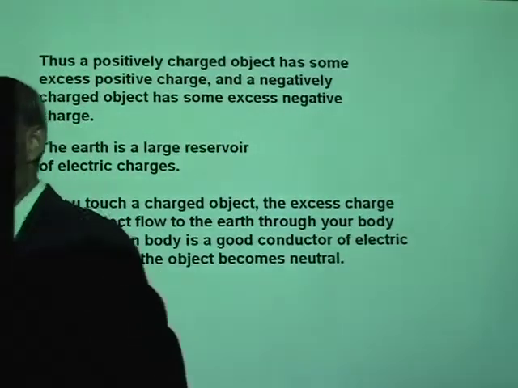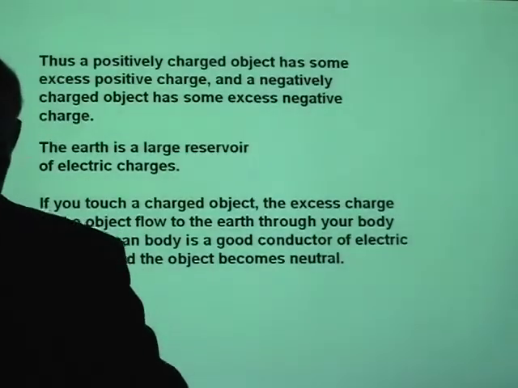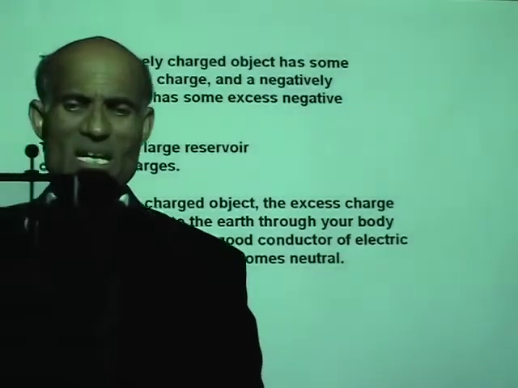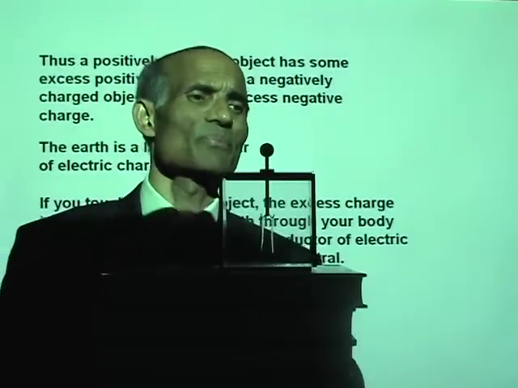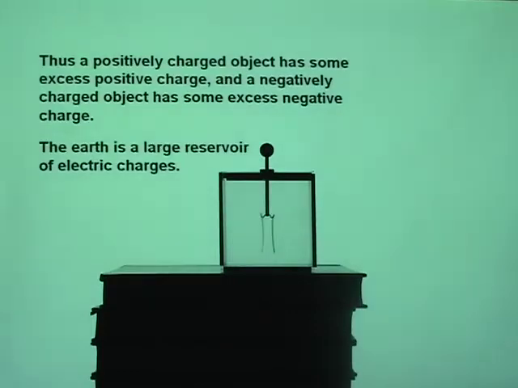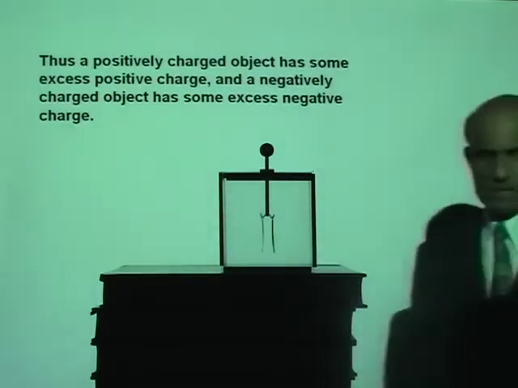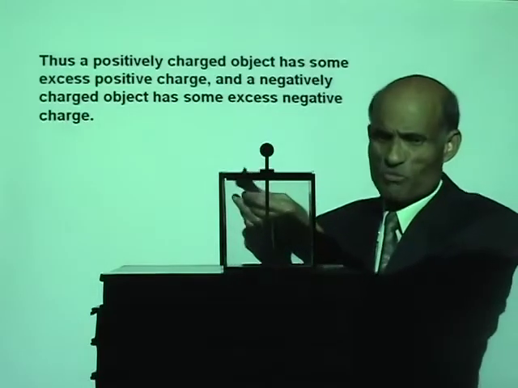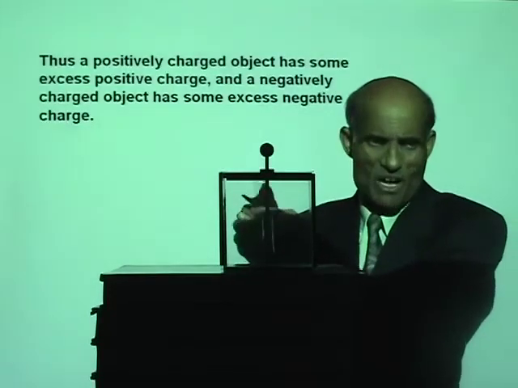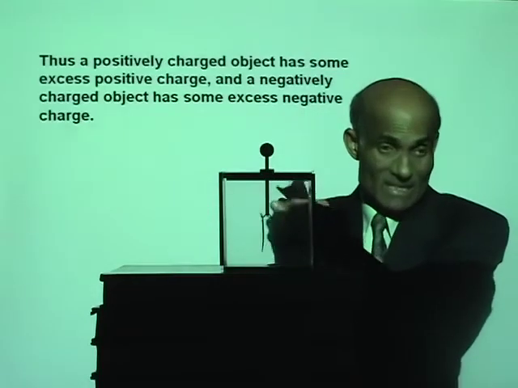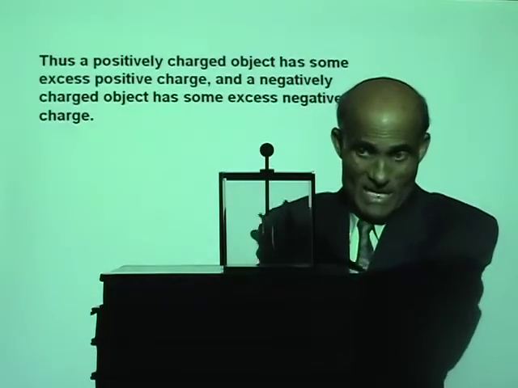Let me see if I can show that to you again. You see, these things don't work all the time, but we can try. Well, let's see whether you can actually see this. Now, I'm going to rub the plastic with the piece of wool and see if I can charge this. What kind of charge is the plastic going to get? Negative charges.